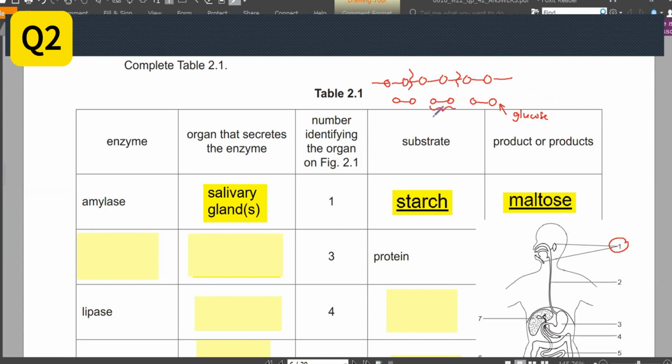Each unit, we call them maltose. They are made out of 2 glucose. In the final step of the digestion, the maltose will be broken down to individual glucose molecules.